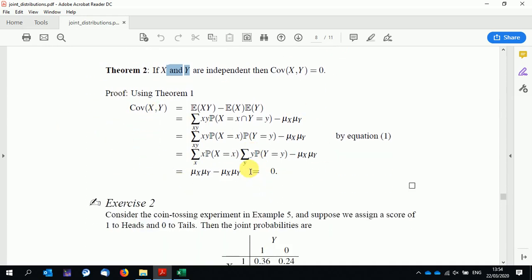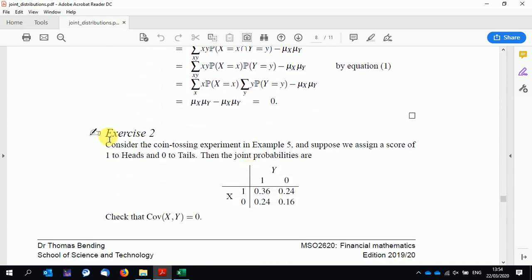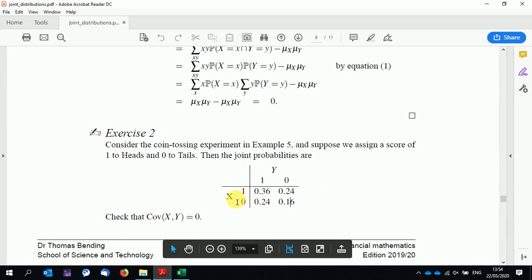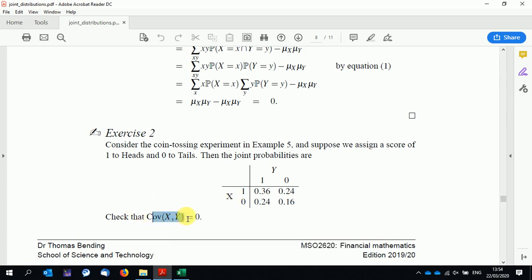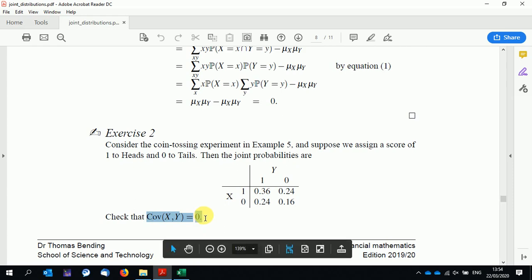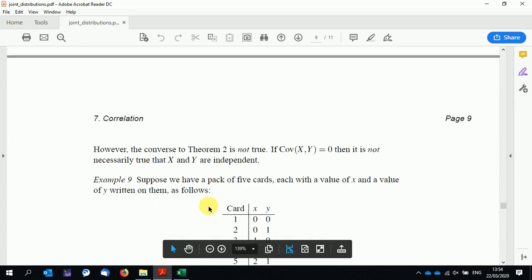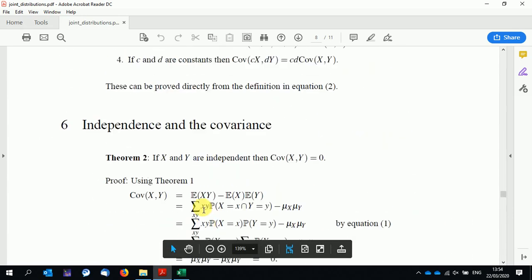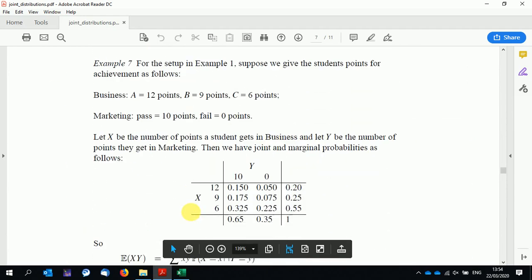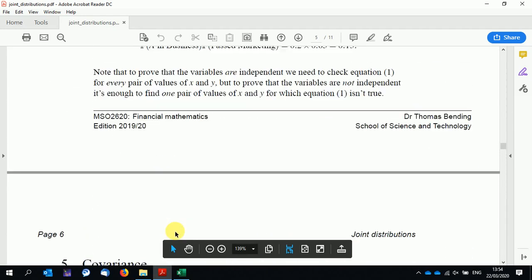Proof, again, not in the exams. So let's look at an example here. We have some data given with 2 coins, or 1 coin tossed twice, and you can check that the covariance is 0 here. So you can use the table above. We do have it somewhere here.